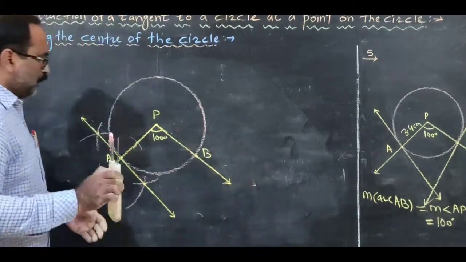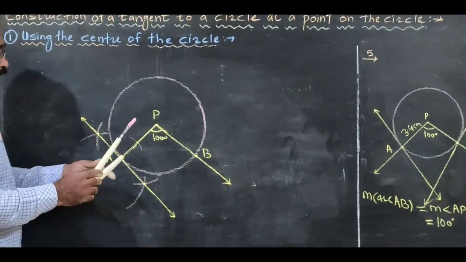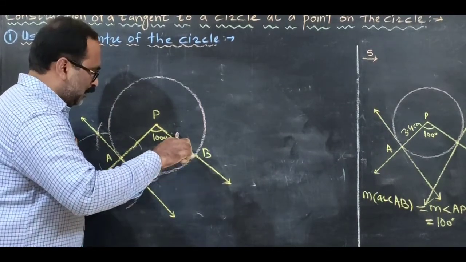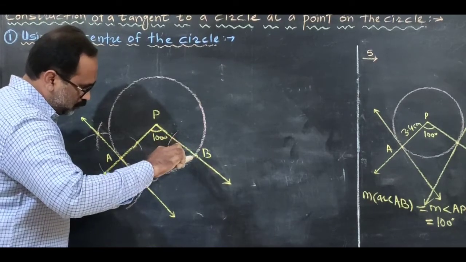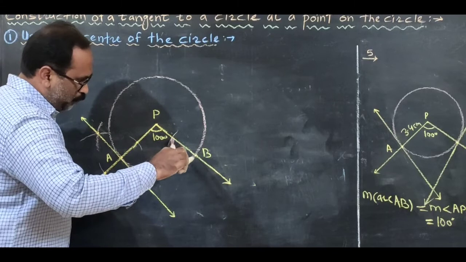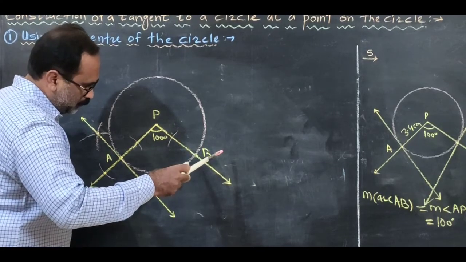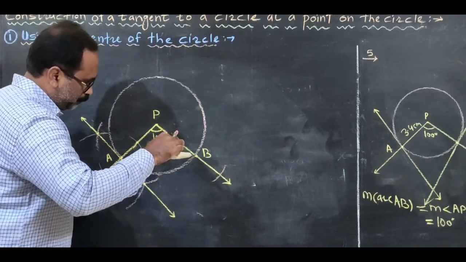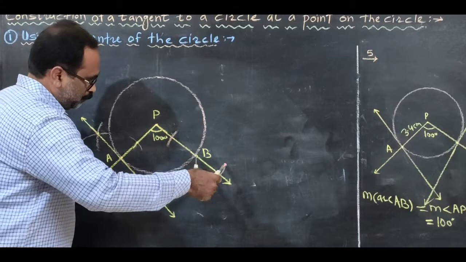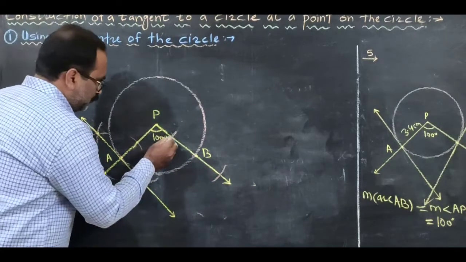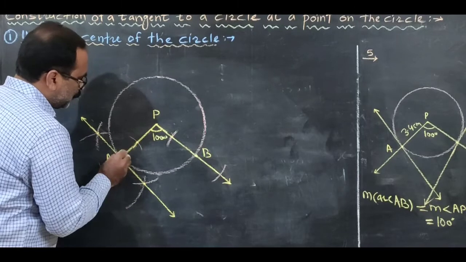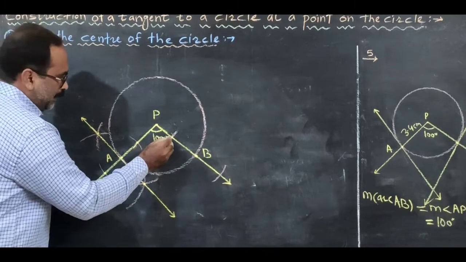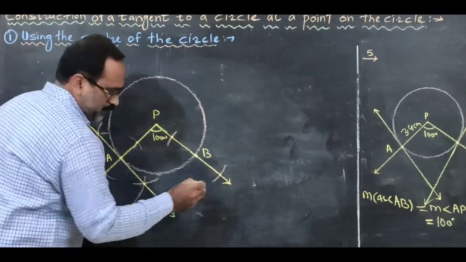At B also we draw the tangent. We put the nib of our compass at B and we take a convenient distance and we draw an arc of the same distance on both sides of B. This arc intersects at this point, this arc intersects at this point.